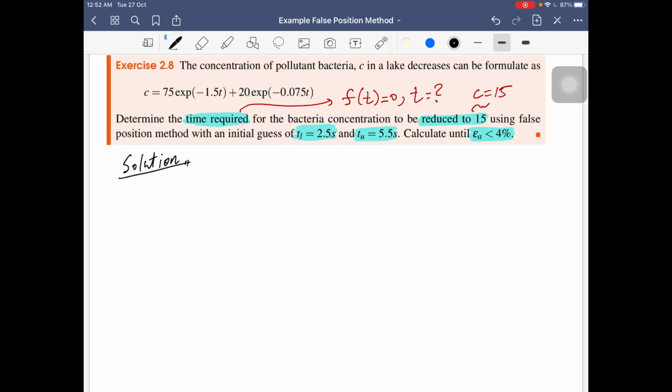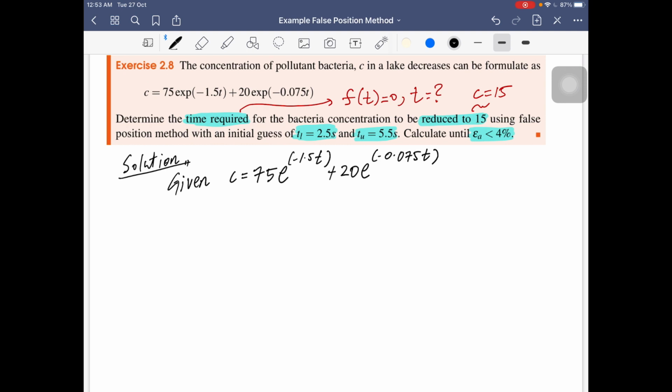So we have the given concentration equal to 75e^(-1.5t) plus 20e^(-0.075t).